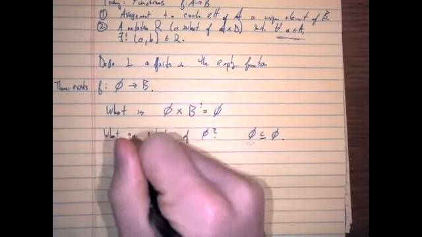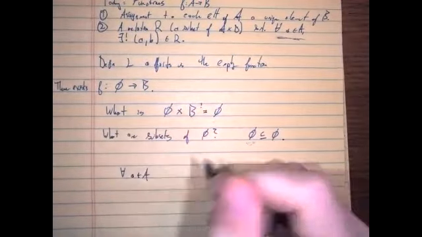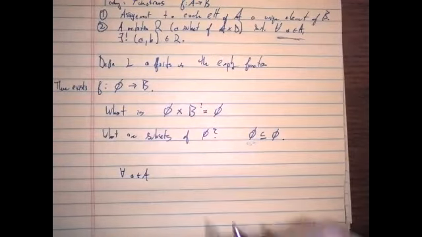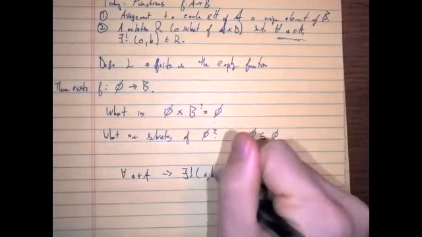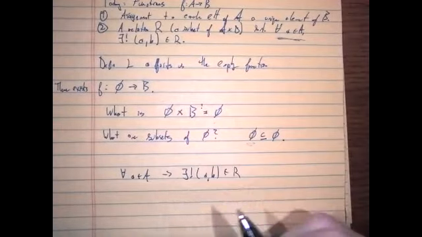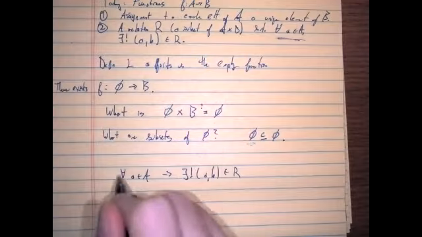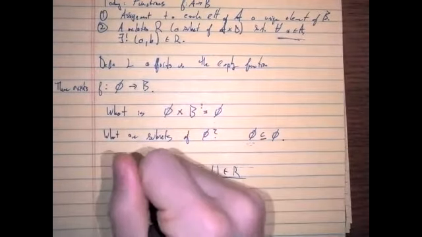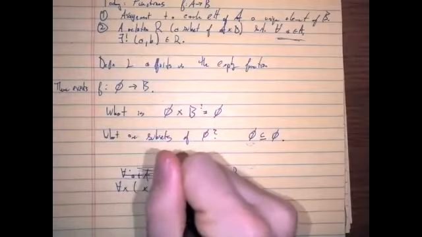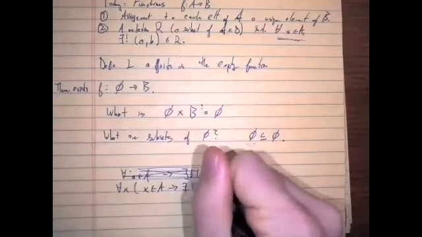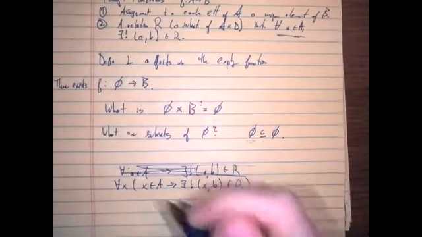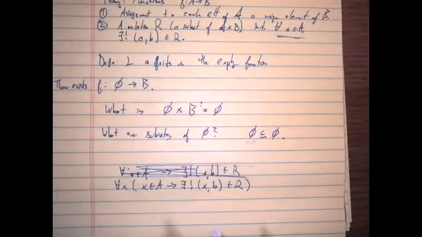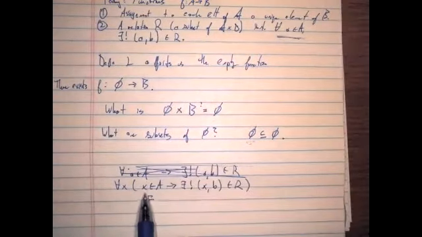If we break this statement down, for all a in A, this should imply there exists a unique (a, b) in R. Maybe I should write it the following way: for all x in A implies there exists a unique tuple (x, b) in R. But as Oscar has pointed out, there are no x's in A when A is the empty set.